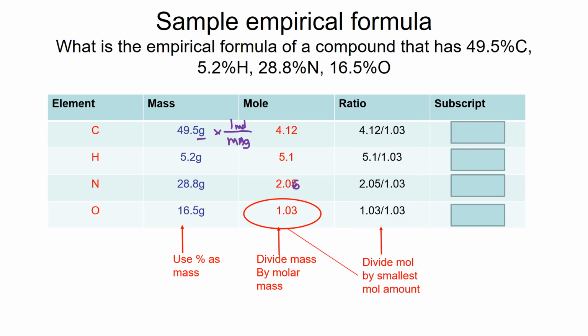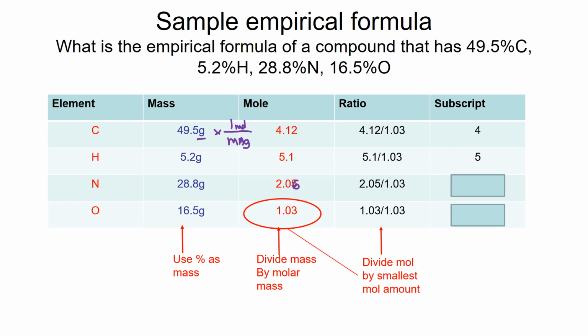So now when I get my subscripts, I'm just going to do this calculation. 4.12 divided by 1.03 gives me a number that should be fairly close to 4. Yes, I get exactly 4 on that one. 5.1 divided by 1.03, on the next one I get 4.95. 4.95 is close enough to 5 that I can round.